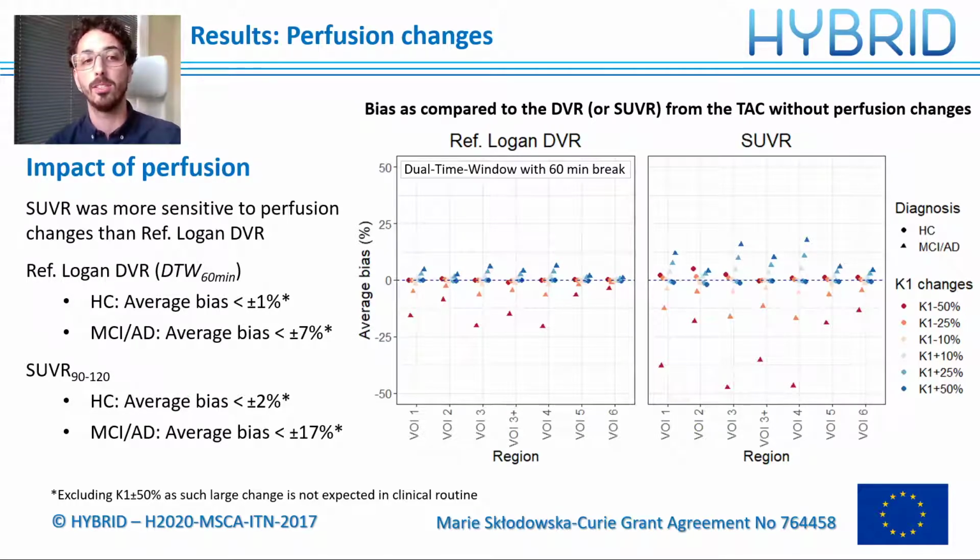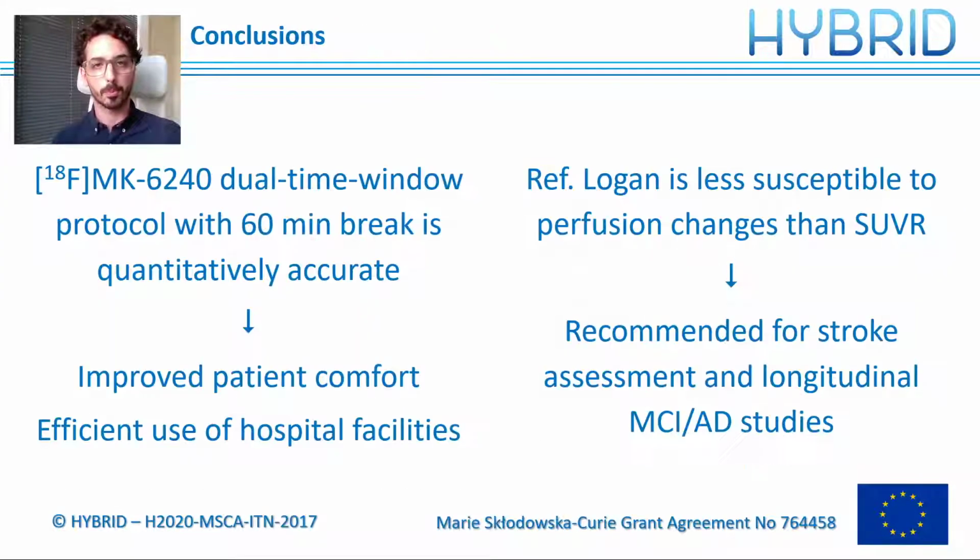While for SUVR, this change almost reached 17% for the patients. So SUVR was much more sensitive to these simulated perfusion changes than the reference Logan DVR.